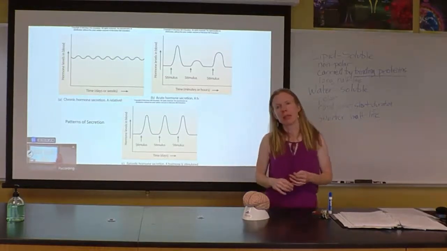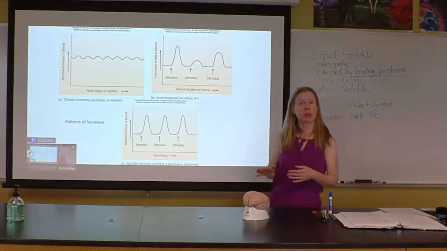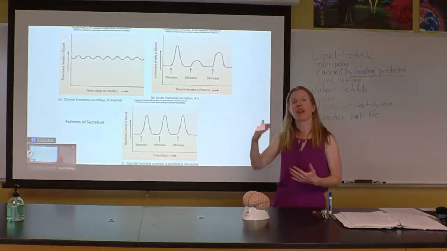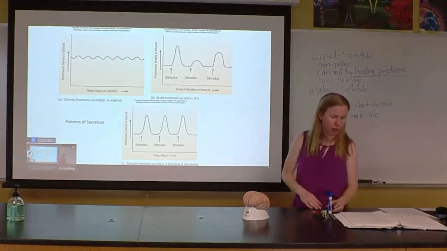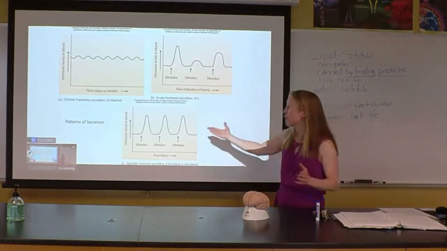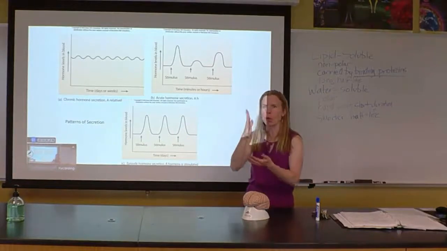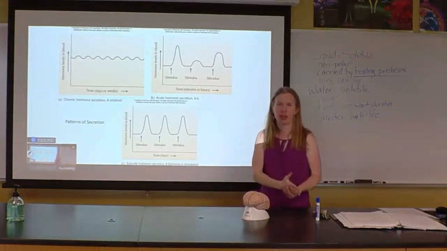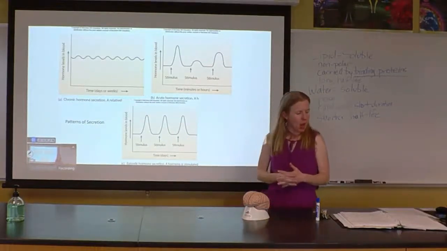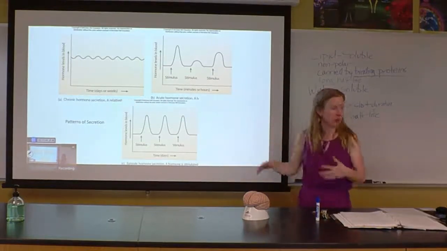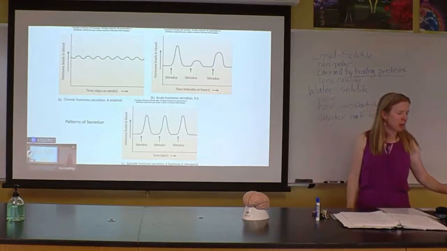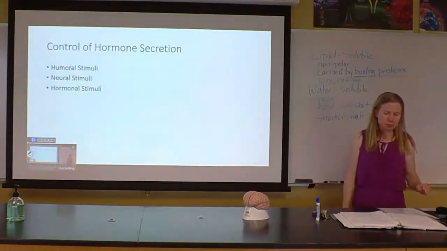This would be something like some of the reproductive hormones, particularly when we get into the female reproductive tract. There's this rhythm, this cycle of when the hormones are released. For example, this could be luteinizing hormone, which once a month triggers ovulation. So that is something else that we'll see that varies among hormones.